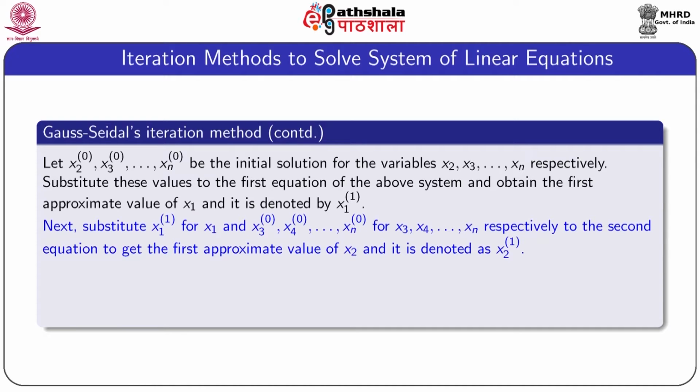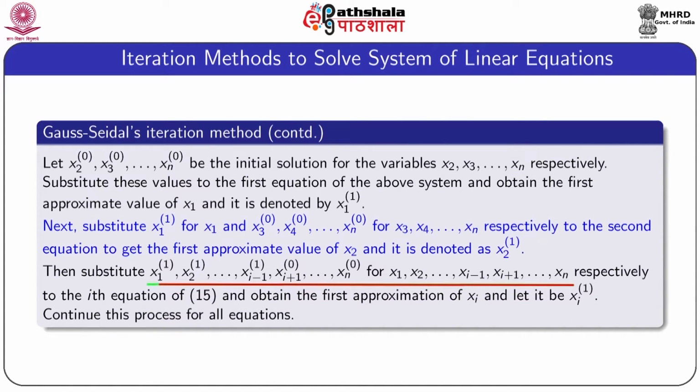Next we substitute the value of x1^1, and x3^0, x4^0 up to xn^0 for the variables x3, x4 up to xn respectively in the second equation to get the first approximate value of the variable x2, and it is denoted by x2^1.